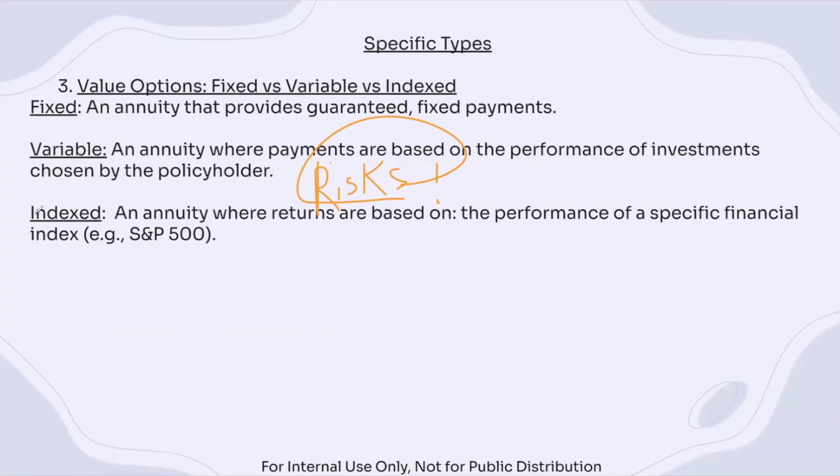And lastly, this is another popular type of annuity nowadays. This is an annuity where returns are based on the performance of a specific financial index, like the S&P 500. Again, there's a minimum rate of growth, so you wouldn't be losing any of your funds or premiums that were paid during the accumulation period.